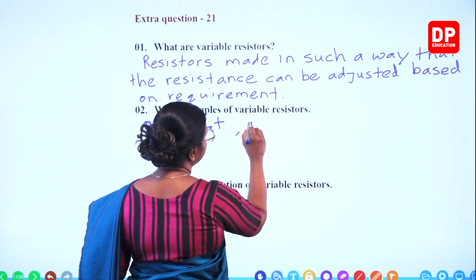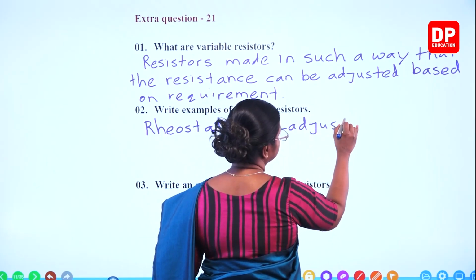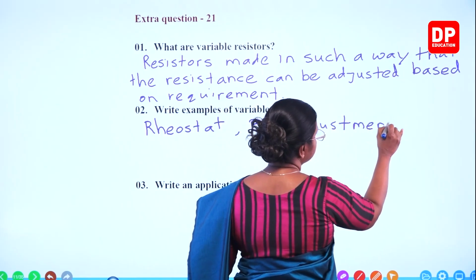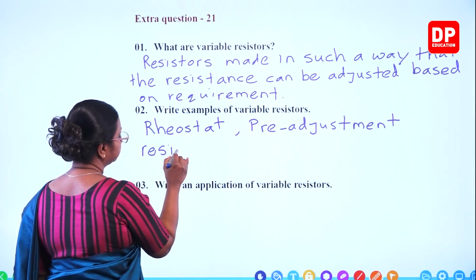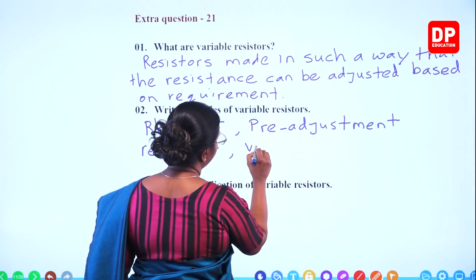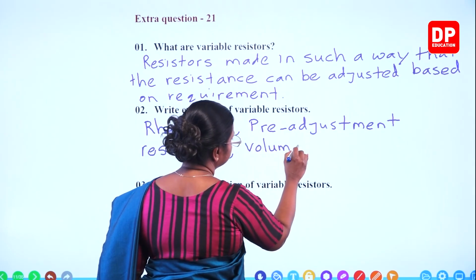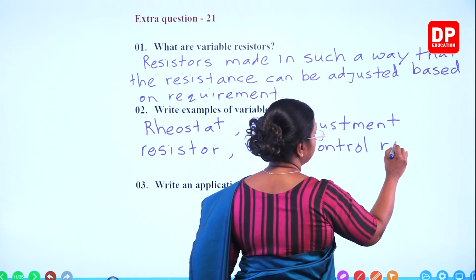Then we have the pre-adjustment resistor, and the volume control resistor.